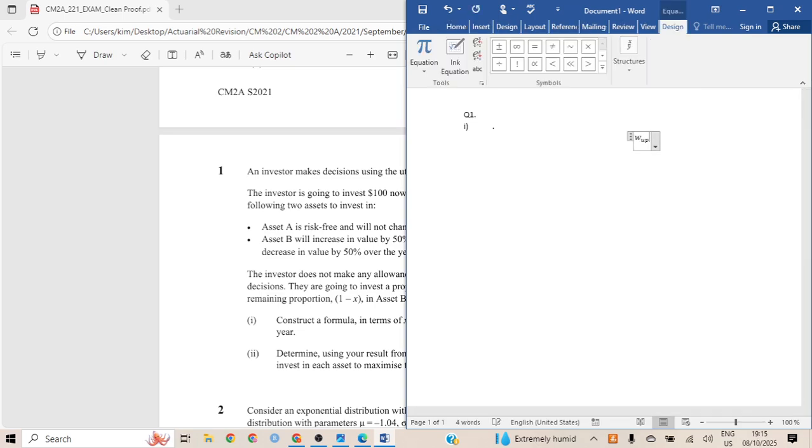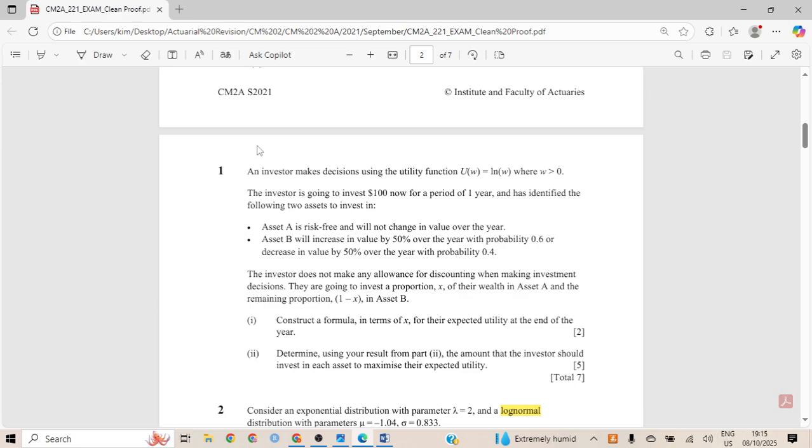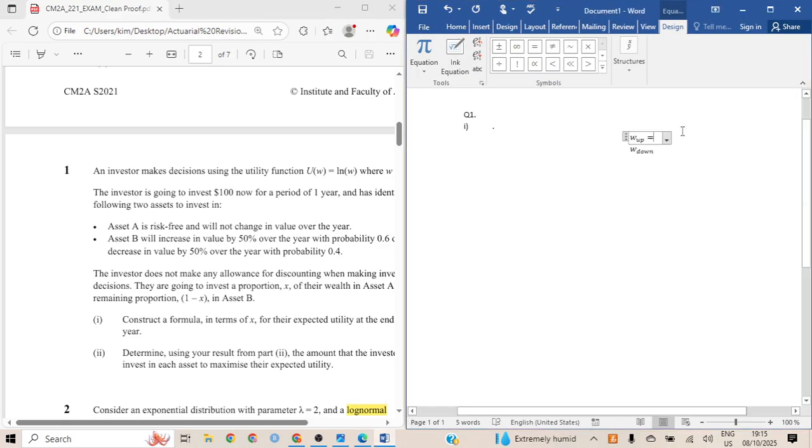So the wealth if it goes up, or the wealth if it goes down. If it goes up, X of 100 is being invested in asset A, and then the remaining, which is 1 minus X of 100, is being invested in asset B, but it goes up by 50%, so we'll multiply by 1.5.